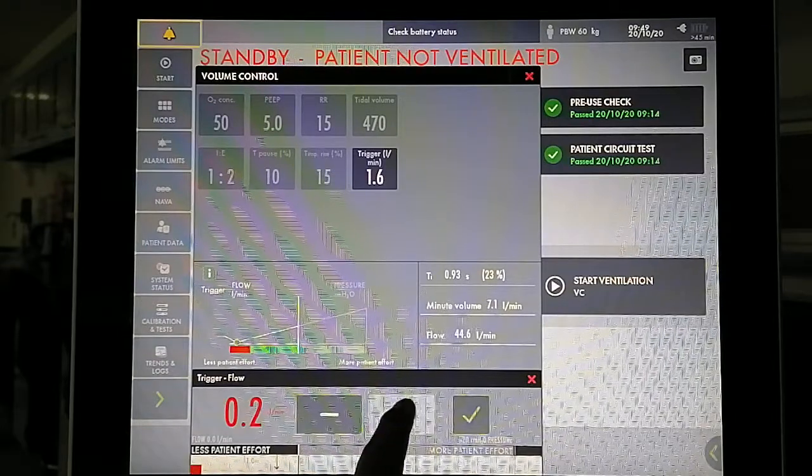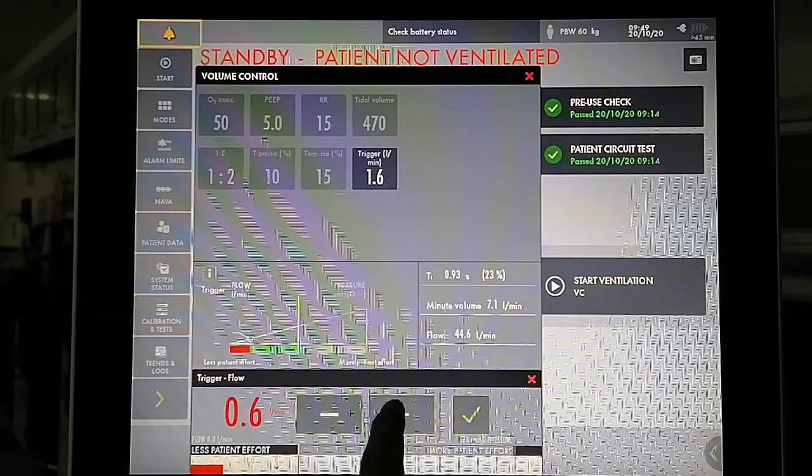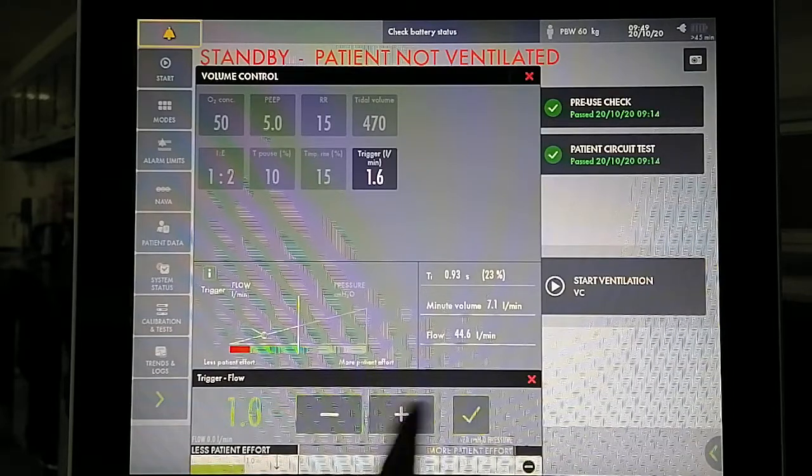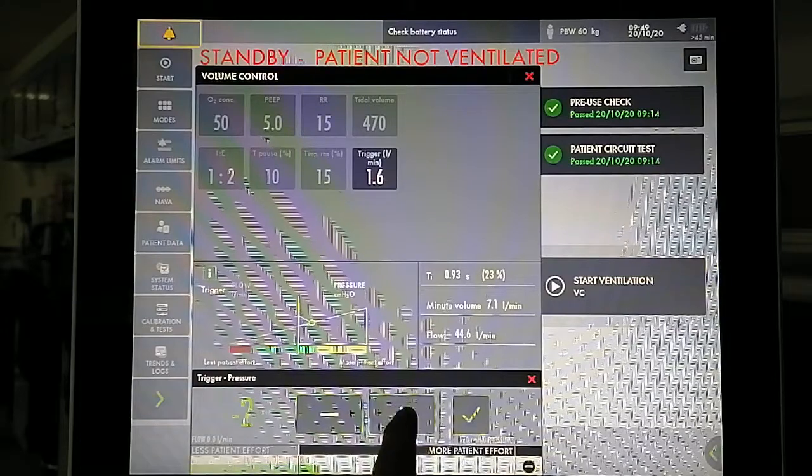But you see the red mark means that your ventilator becomes overly sensitive, and usually we can keep that at around 1 liter per minute, or 2 liters. Now you can see that the ventilator automatically changes from flow triggering to pressure triggering.